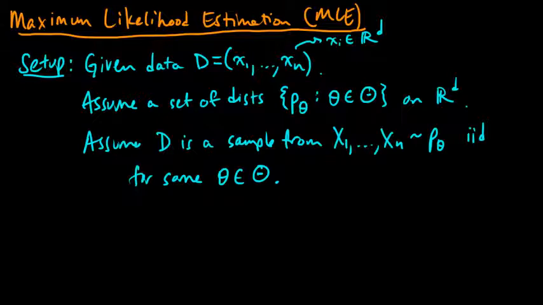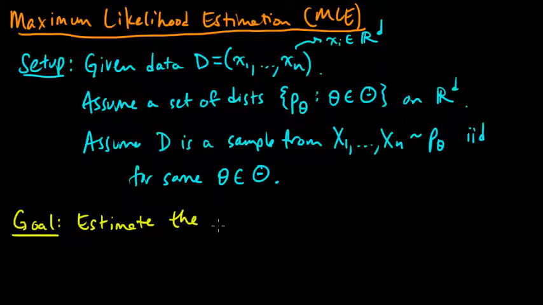And now our goal in maximum likelihood estimation is to choose or estimate a good value of theta, and ideally we want to get close to the true value. So we want to estimate the true value of theta that the data comes from.